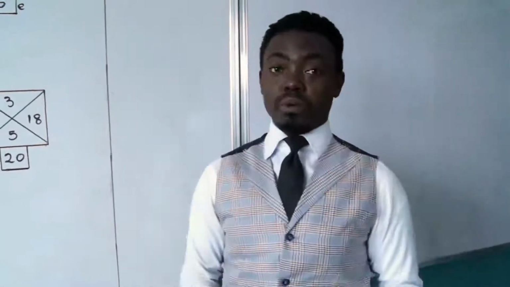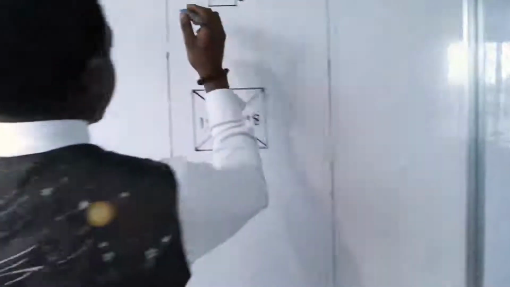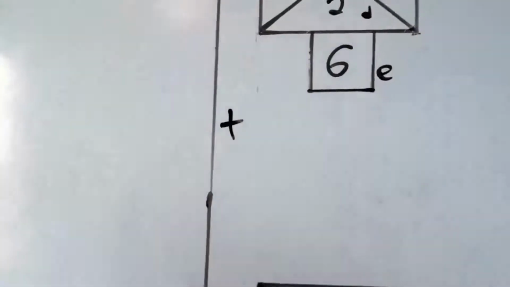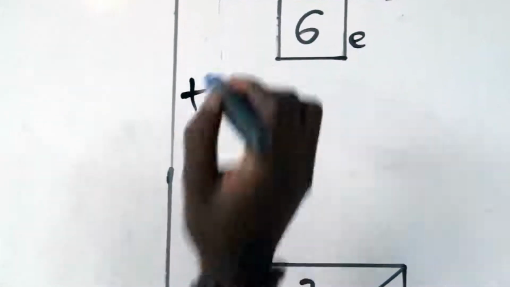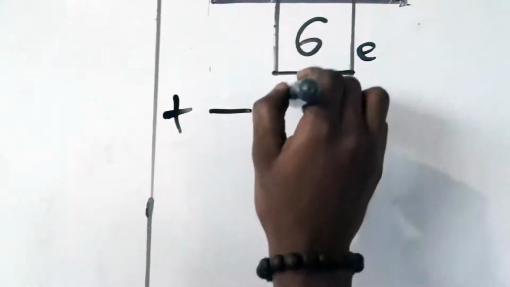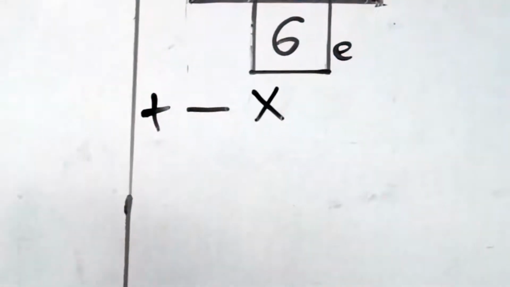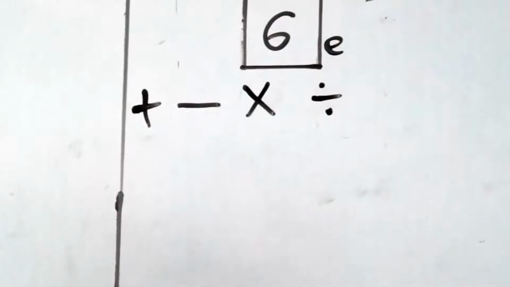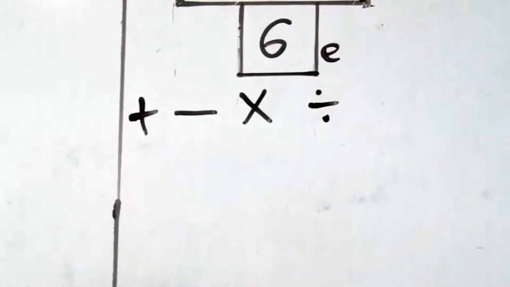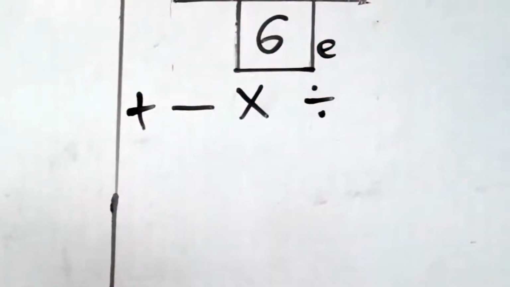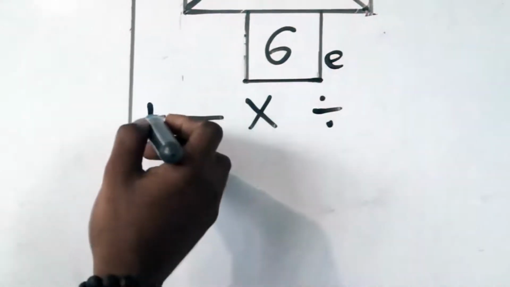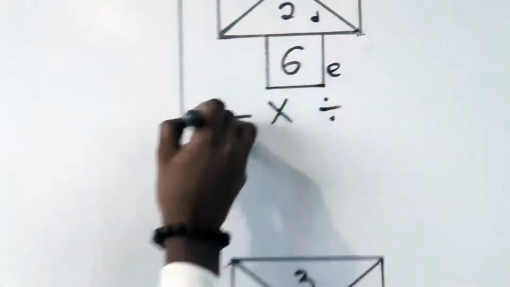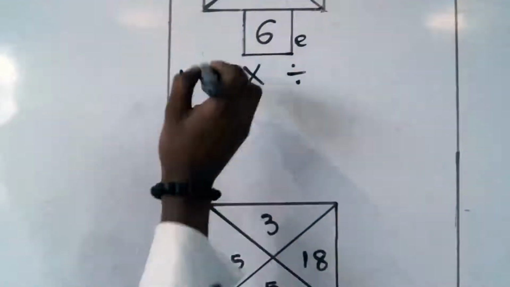And what are the basic operations? We have addition, which we call plus. We have subtraction, which we call minus. We have multiplication, which is times. And then we have division. Now you must always understand that each of these work hand in hand. The reverse part of an addition is what? Subtraction.